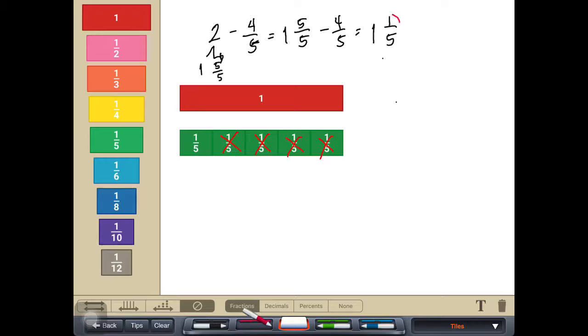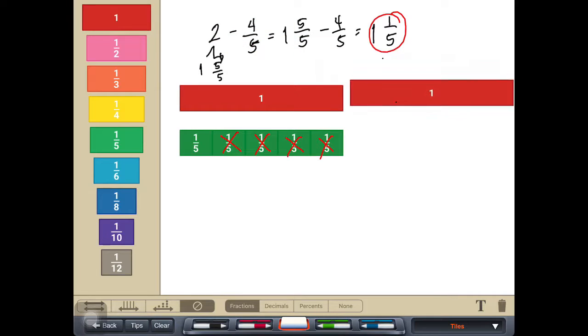Okay, that's one way. Another way to do this is by changing the whole number into an improper fraction. Okay, I will do it here.